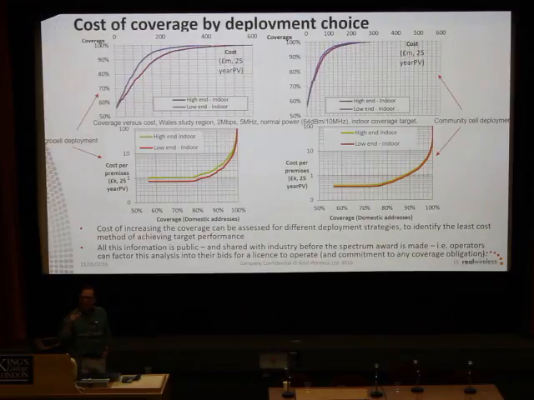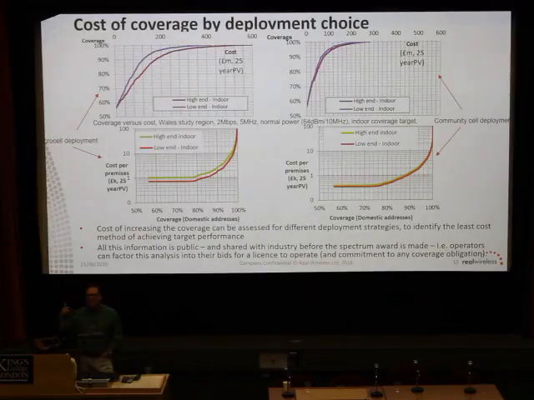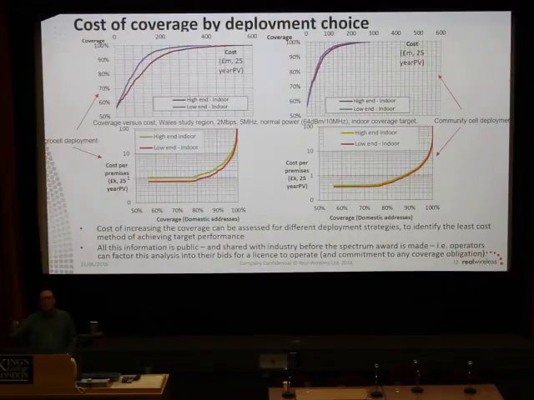Typically, an operator would seek to recover their costs in a very short period, maybe 6, 8, 10 years. Governments investing in infrastructure would look at a much longer time frame and expect a much lower rate of return, because it's for the benefit of all society. So this is costed over 25 years.